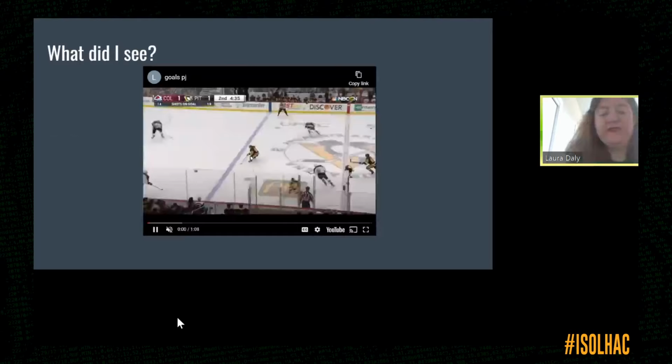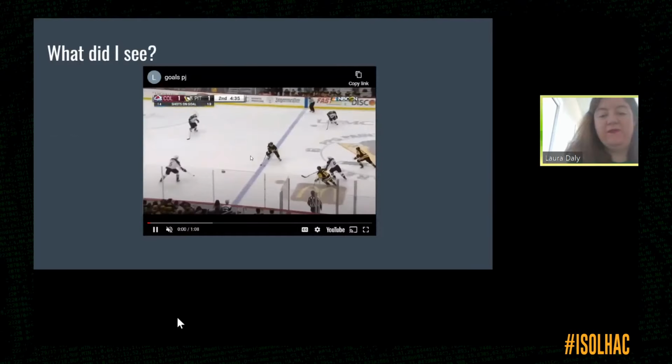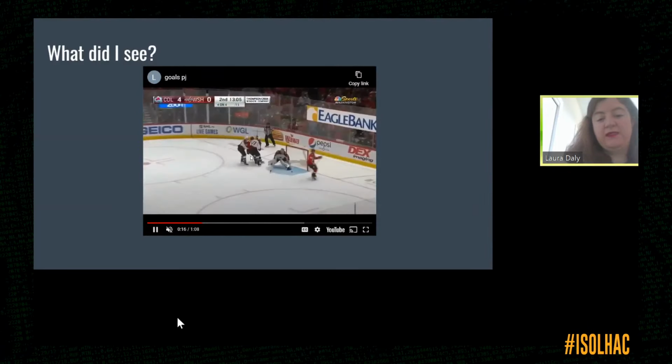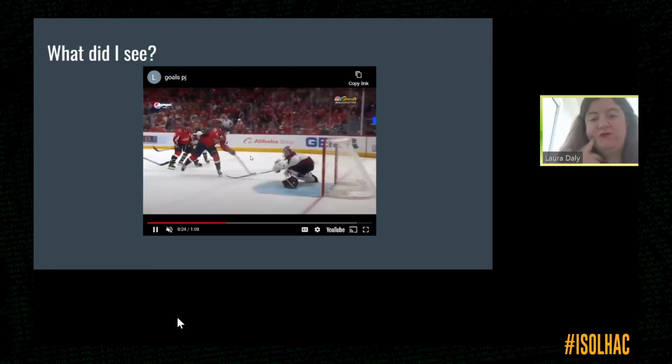Here we have Sidney Crosby passes it to Getzel, who is a left shot player. He's on the right hand side. He shoots it across and into the net. Again, we have a similar one here. He pulls it to his left side and into the net. And this was basically a pattern that repeated itself over and over again. I've got a couple more here.